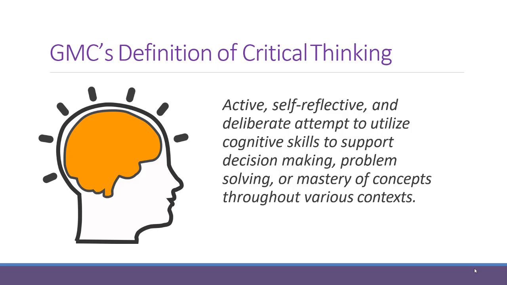And these skills can also be applied to help you master new concepts, whether you are learning how to play a musical instrument in your free time, or you are trying to master the concepts in your biology course. So critical thinking can be applied across many different contexts, not just within the confines of this PER 201 course.